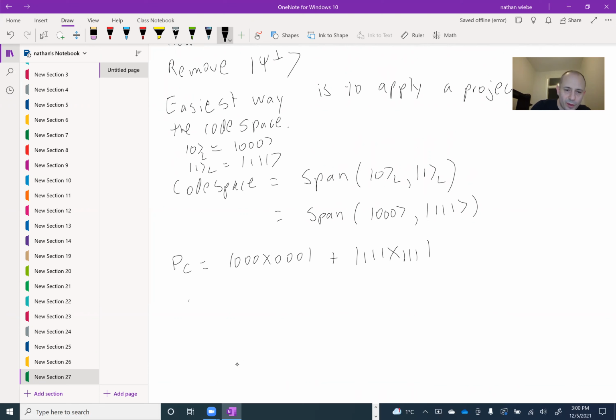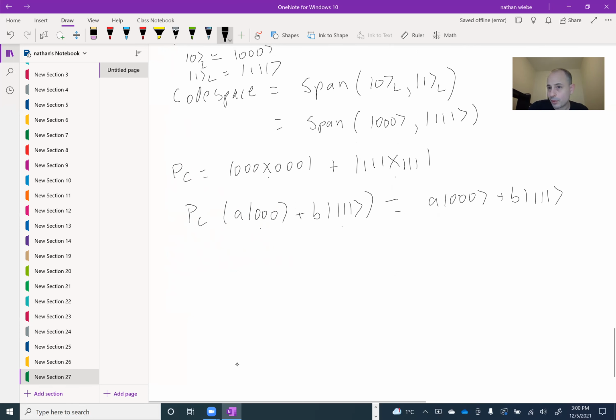We can see that this projector has the property that any state of the form A000 plus B111, when acted on by this projector, will yield 1 times that vector. This acting on this yields 1, but the cross terms yield 0. So this is just A000 plus B111. It keeps this state intact.